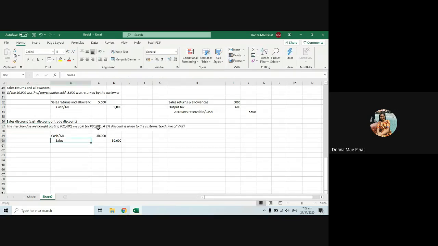Dili na siya upon payment, so mag-cash na lang ta.